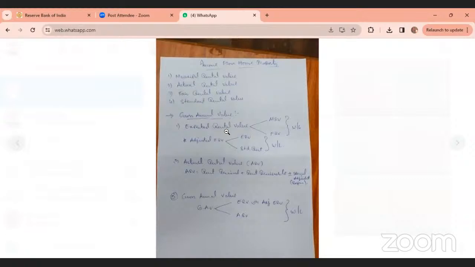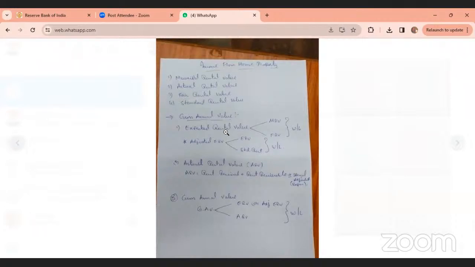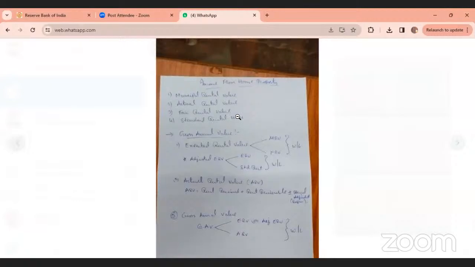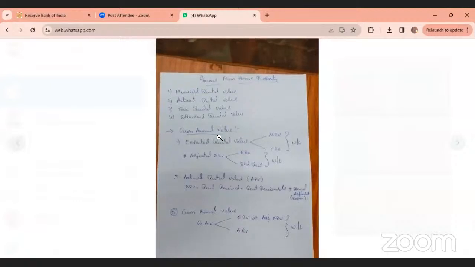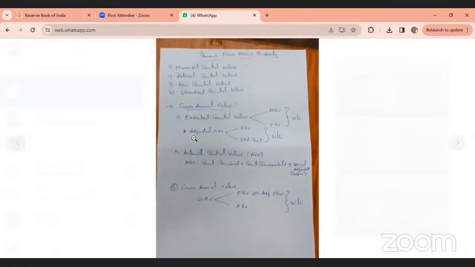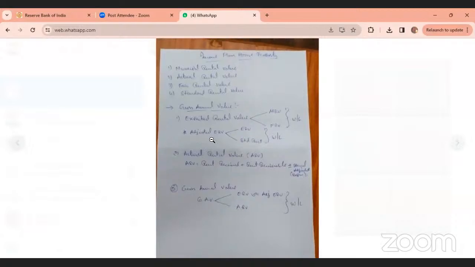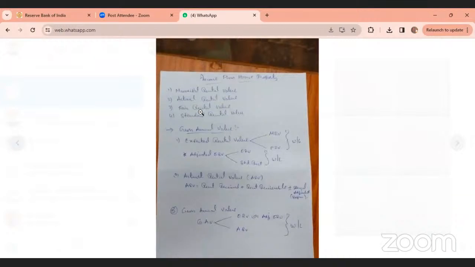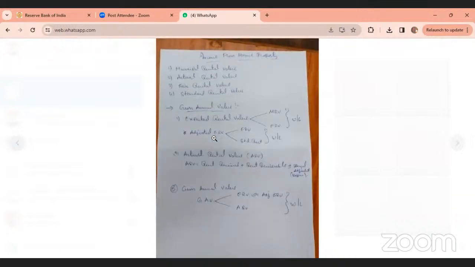Next, if in the question they given any standard rental value, mostly they don't give standard rental value. If they give it, then this starred mark is important, otherwise this step is not needed. When in the sum they given standard rental value, in that case only second step is very, very important.